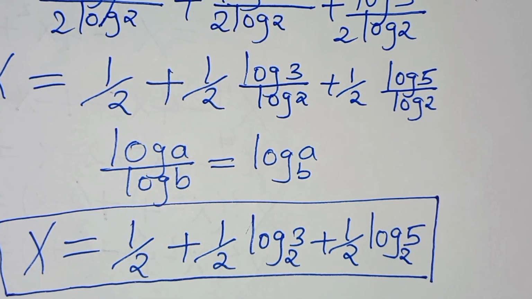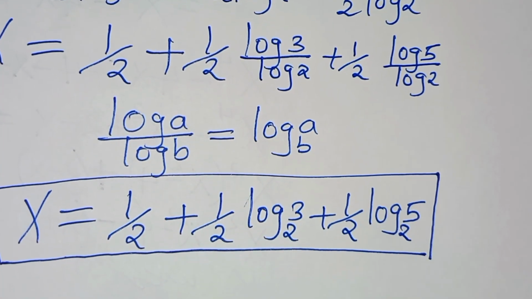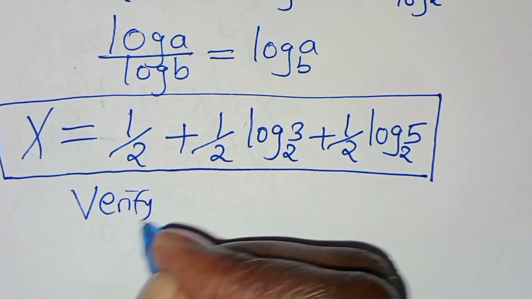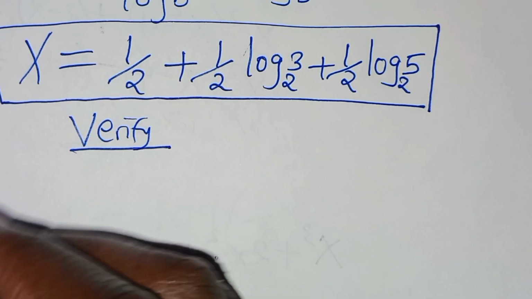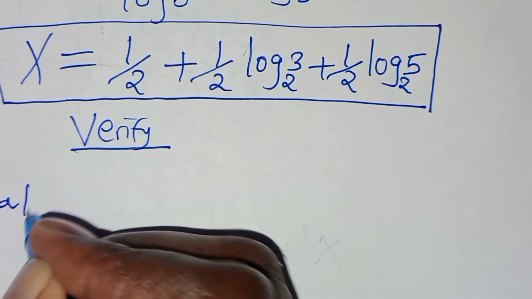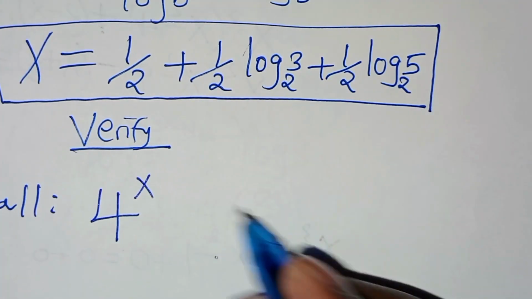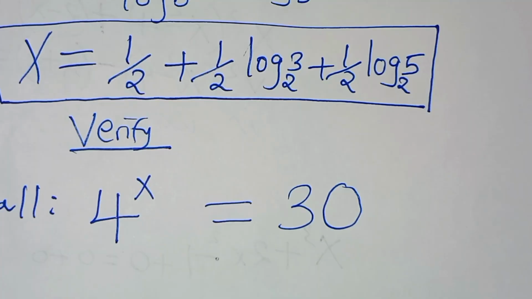So let's verify that this value of x actually satisfies the equation. If you recall, 4 to power x should give us a value of 30.